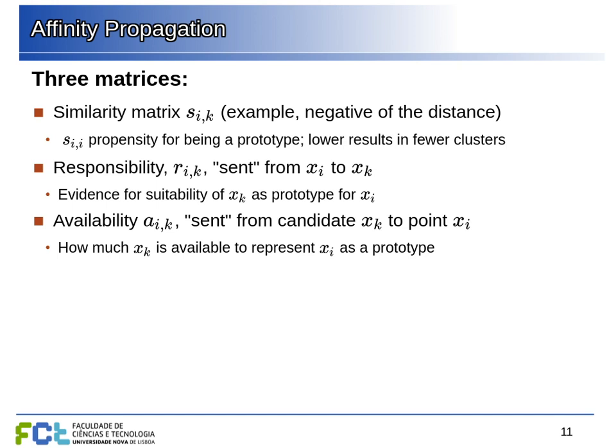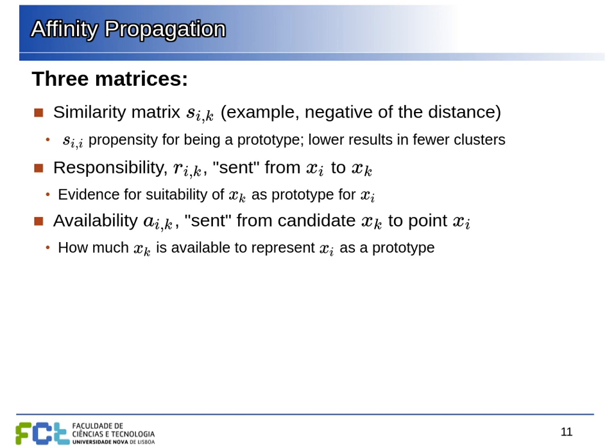Then we have two matrices that we're going to update during the iterations of this algorithm. The first is the responsibility matrix, which intuitively is a set of messages that points are sending to each other to indicate how suitable the recipient of the message is as a prototype for the sender of the message.